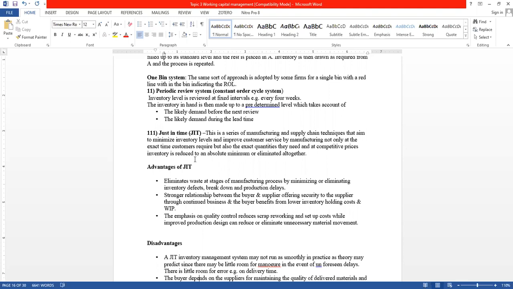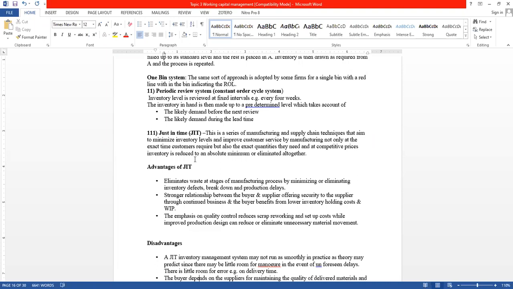Once the goods are processed and they are complete, you sell them. So meaning that you may not have any stock with you, okay? And of course, this may not be possible in practice, because you may find that all what you've acquired, you may not use it. You may find that you have some remaining, or even what you've produced, you may not produce in the exact quantities that the customers will require, okay?